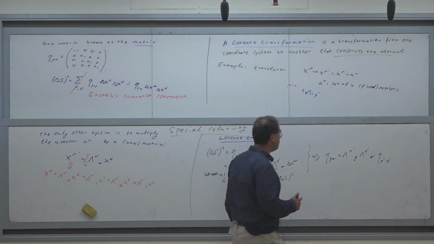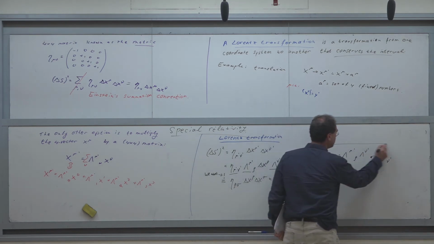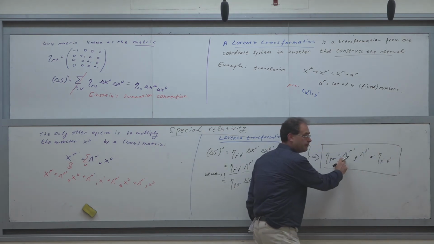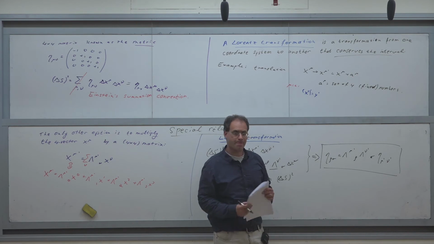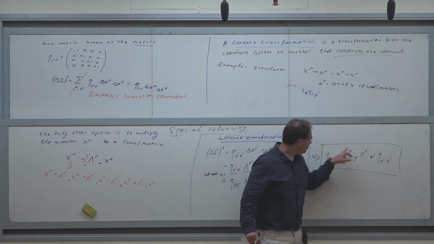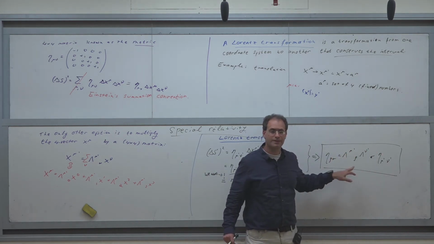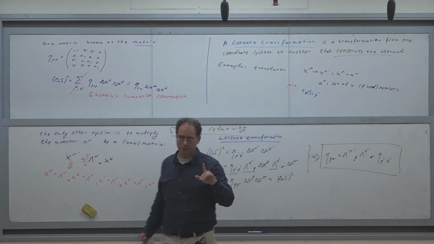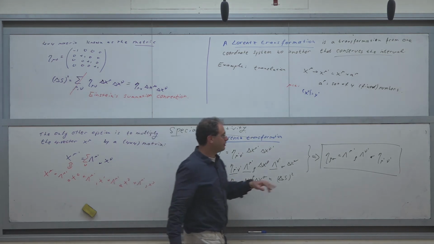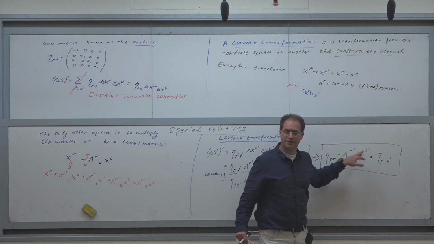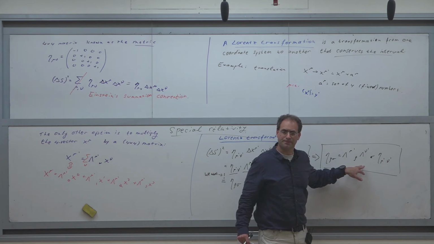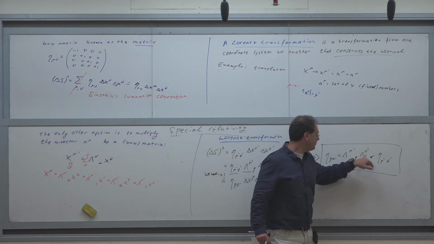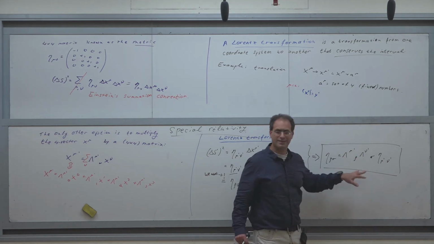So any matrix lambda that fulfills this equation is a legitimate Lorentz transformation. Now I think that the word linear that I used was not in place. Unitary is in place, but now you can see exactly what it means. Any matrix that fulfills this equation is a Lorentz transformation.